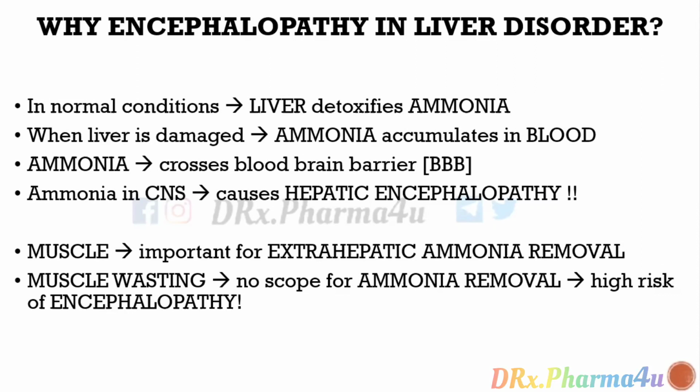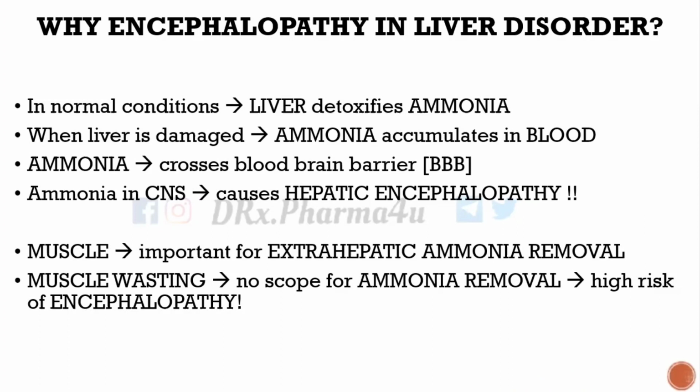Now from this, we can derive a practical knowledge. Muscle wasting usually happens when serum creatinine levels are low, because, as I'll talk about in the renal function test in future, creatinine is usually produced by the muscle. So when you are having an amputation or any kind of muscle dystrophy, serum creatinine levels tend to reduce. Very low levels of serum creatinine can indicate increased ammonia levels because the muscles are not capable of extrahepatic ammonia removal.